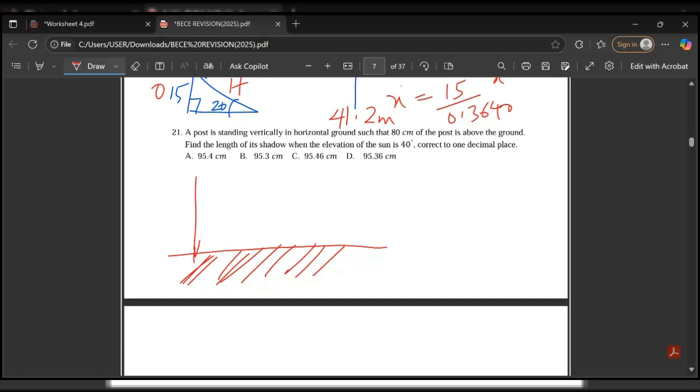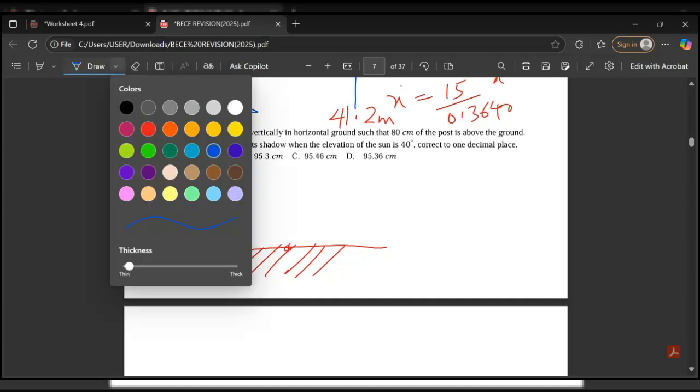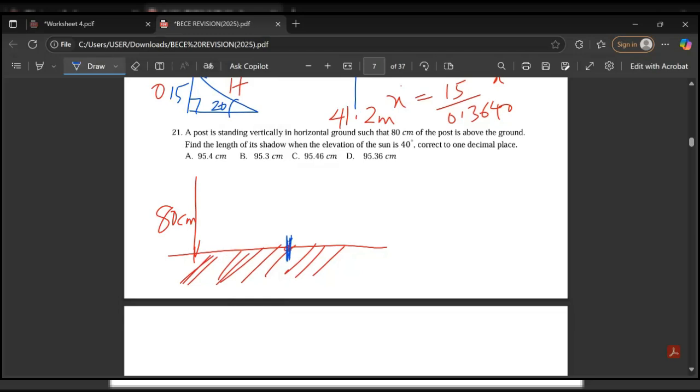That means the height of the post is 80 centimeters. I hope I'm making sense. Find the length of its shadow. When you are standing, your shadow might stop here, something like this. Let me use another color so I can understand. Maybe the shadow of the post stops at this point.